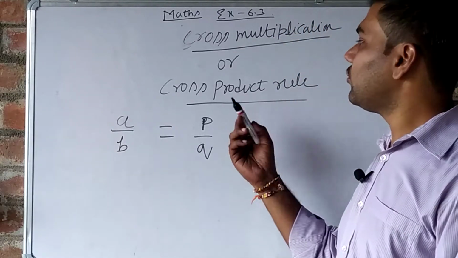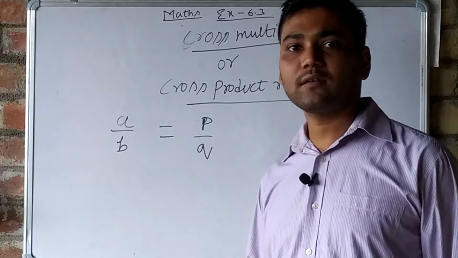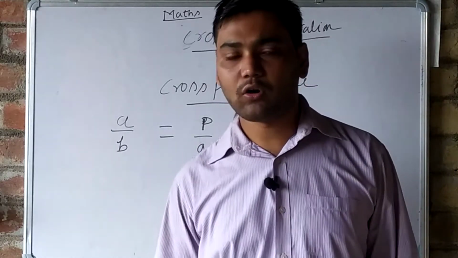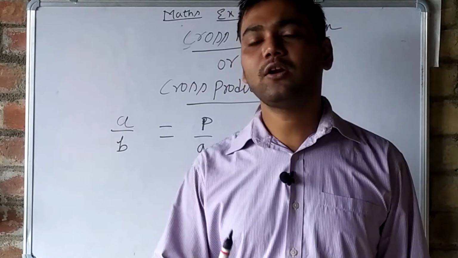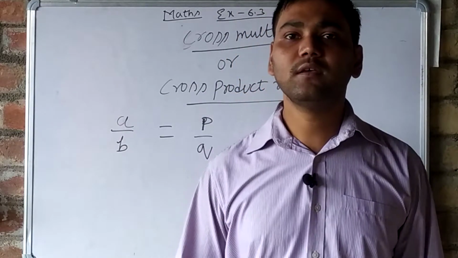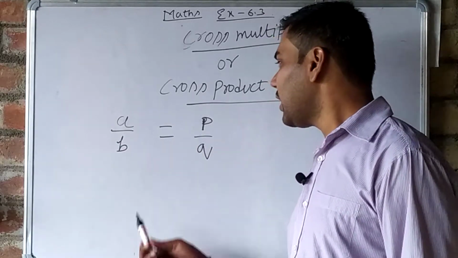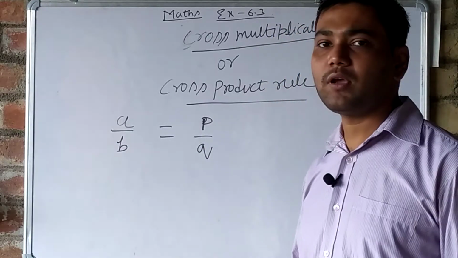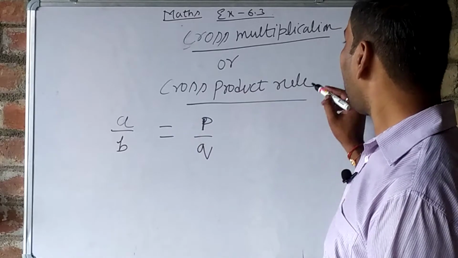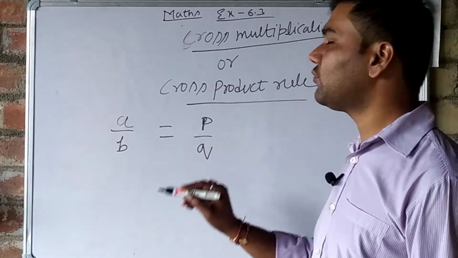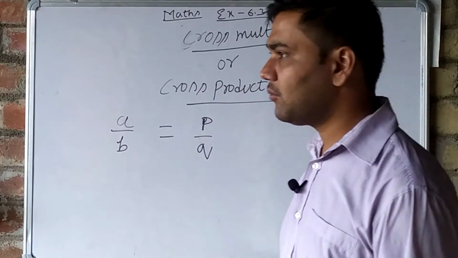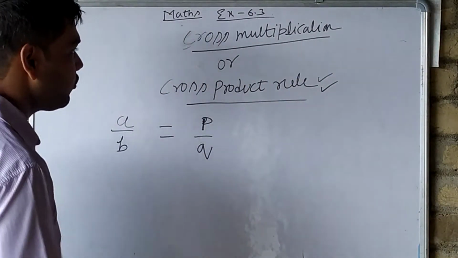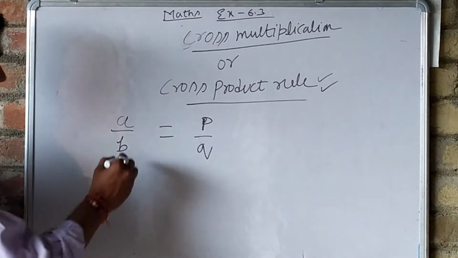Then we will check whether these fractions are equivalent or not. So on doing this, we have to put a cross product rule here. That means we have to check whether these are the same in multiplication or not. So see, how do we do cross multiplication?